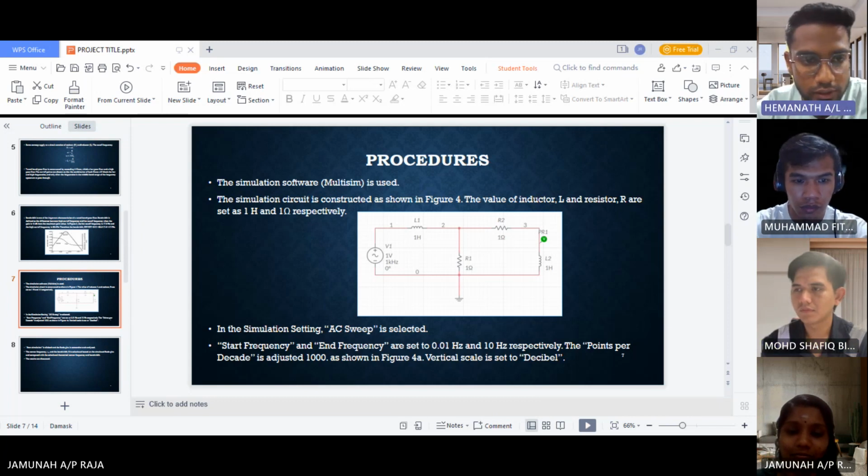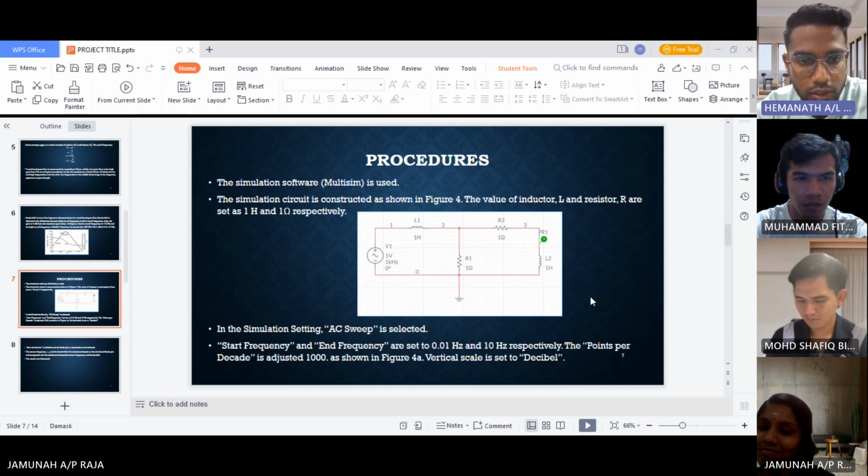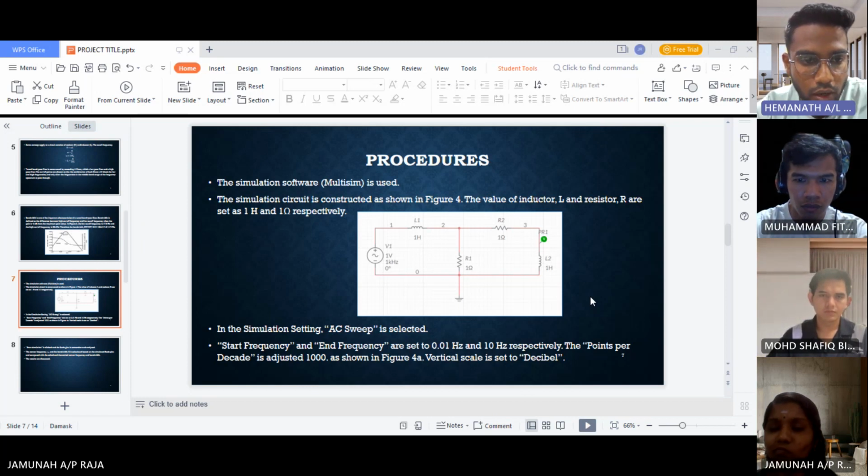This is the procedures. First of all, the simulation software Multisim is used. The simulation circuit is constructed as shown in figure 4. The values of inductor L and resistor R are set as 1 H, 1 ohm and 1 ohm respectively.